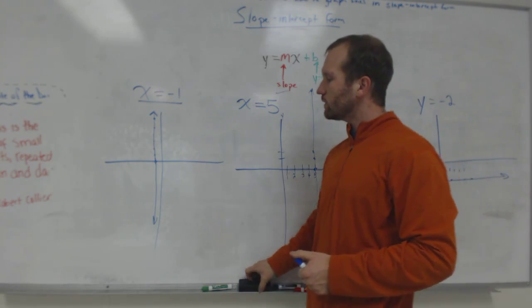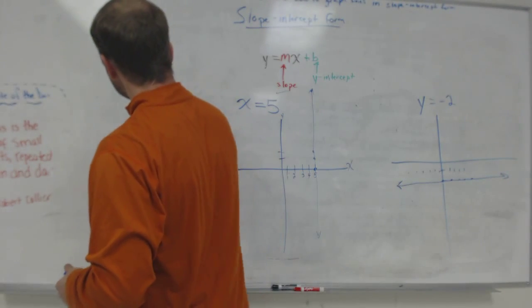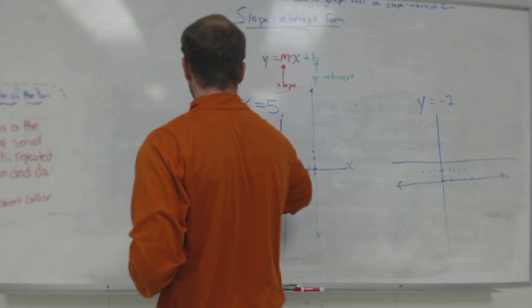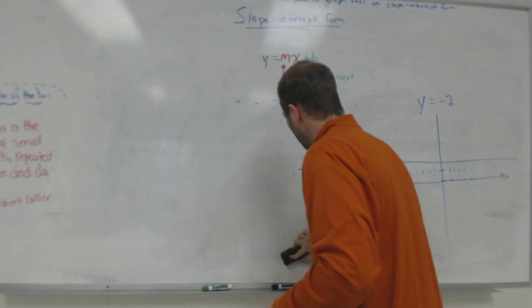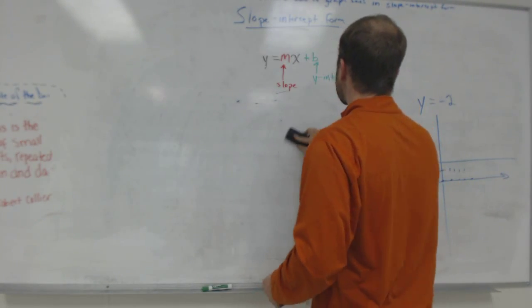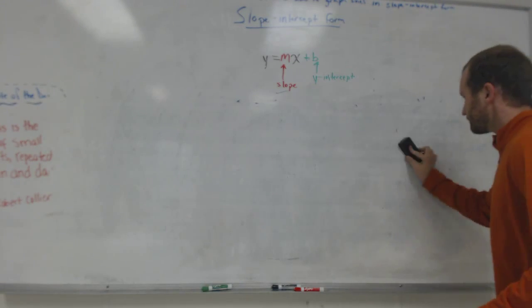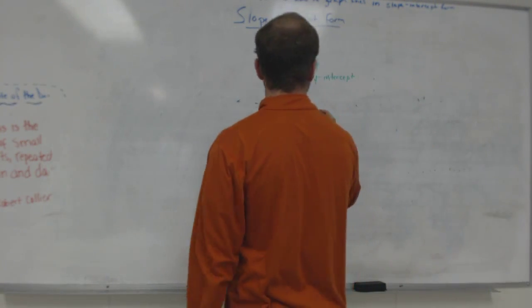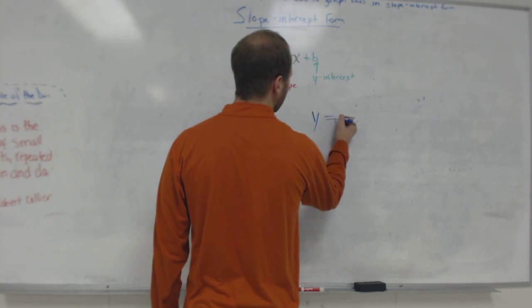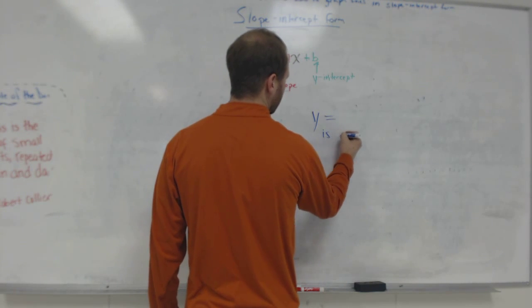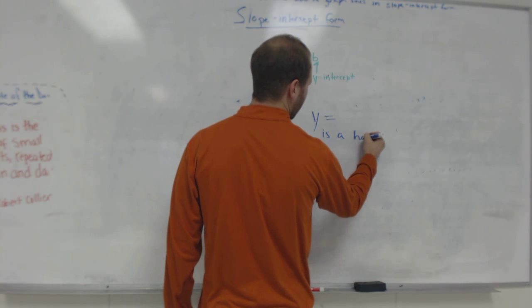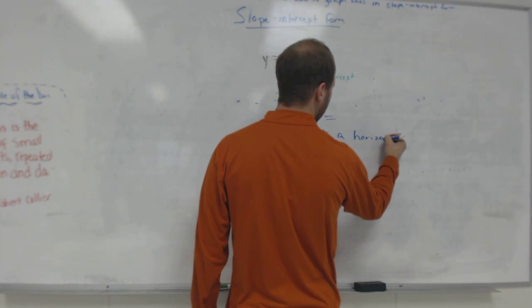So let's write in your notes. You should have these examples, but I also want you to write out the following thing. It's just going to be a sentence and a half. Y equals is a horizontal line.